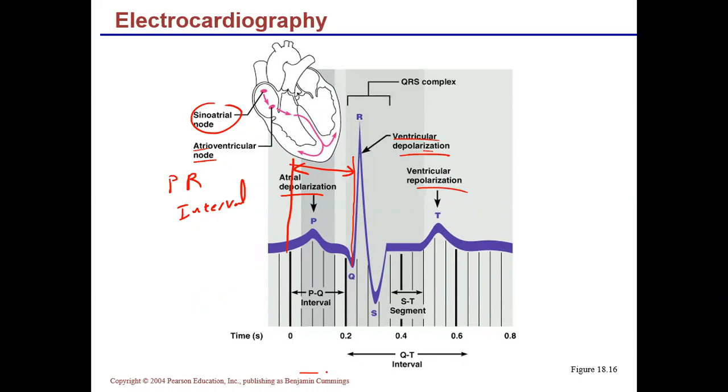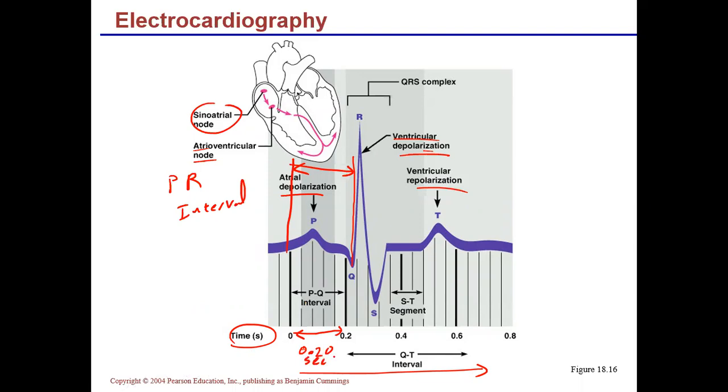The x-axis tells you the time, all right? And if you look at the x-axis, you can see the distance between one heavy line and another heavy line, and this is 0.20 second.